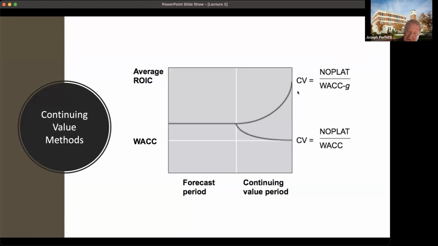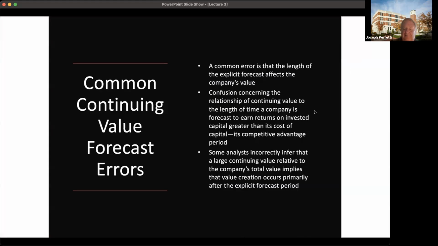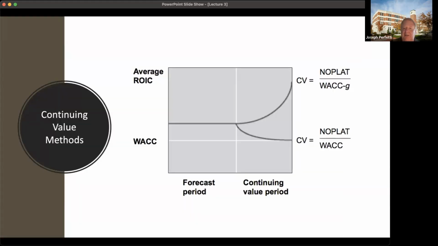They just continue to improve at the growth rate over time. So it tends to overvalue firms, right? So that's why McKinsey tried to come up with a compromise, which is the key value driver forecast, right? So their key value driver formula, which is cash flow times 1 minus G over ROIC, divided by WACC minus G, is basically the compromise that puts you somewhere in the middle.